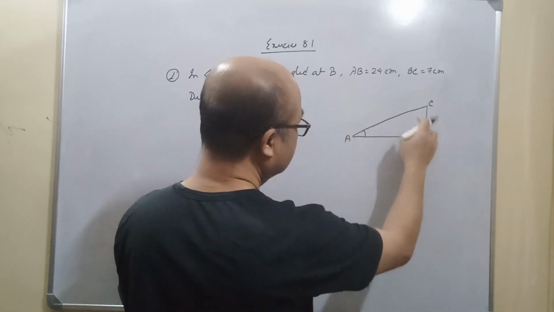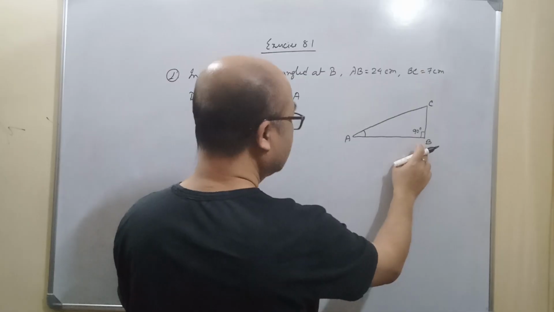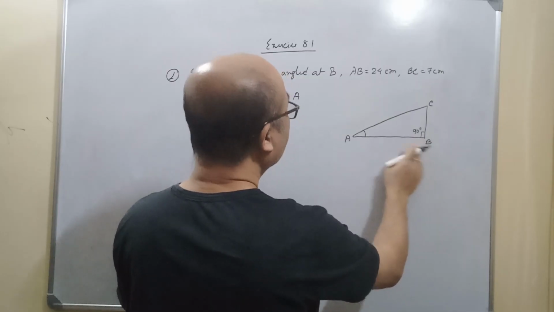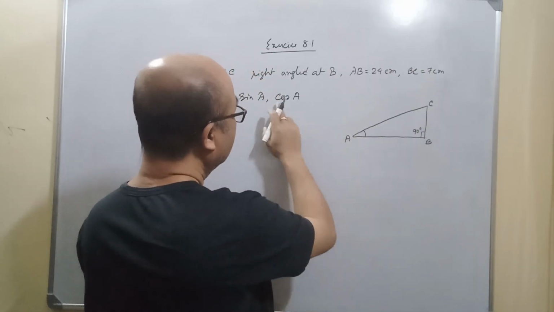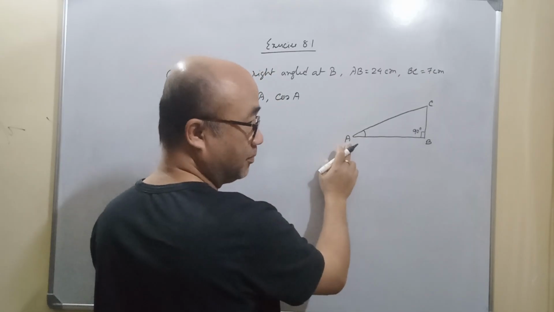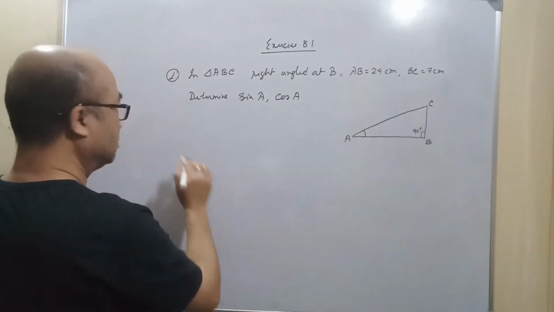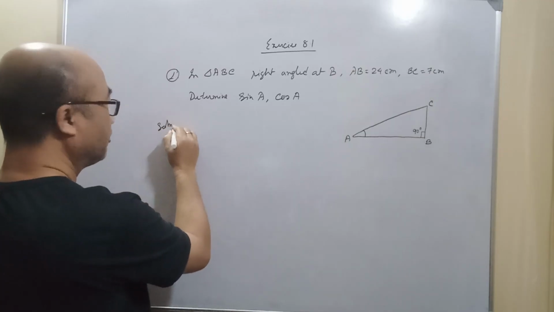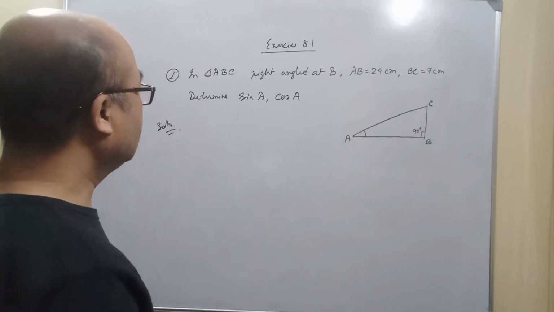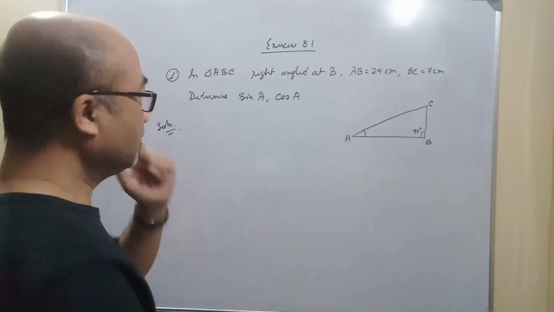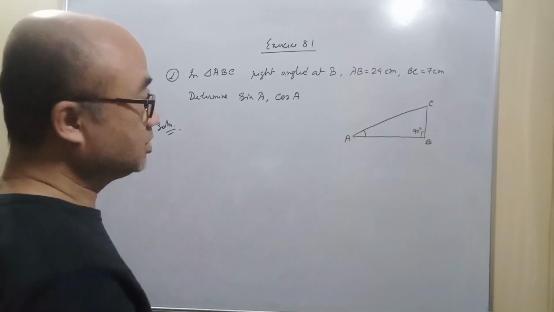So this is a right angle triangle, this is right angle at B, and we have to find the value of sine and cosine of A. So the solution is, we can solve this using Pythagoras theorem.